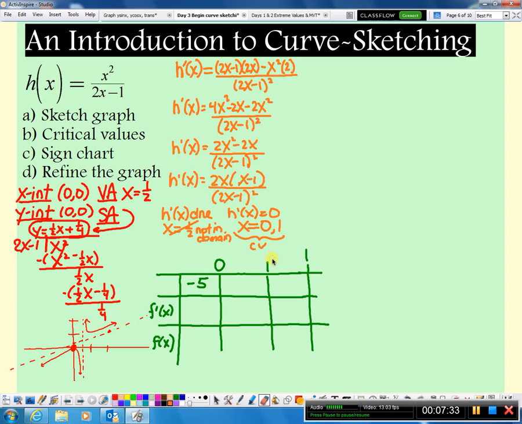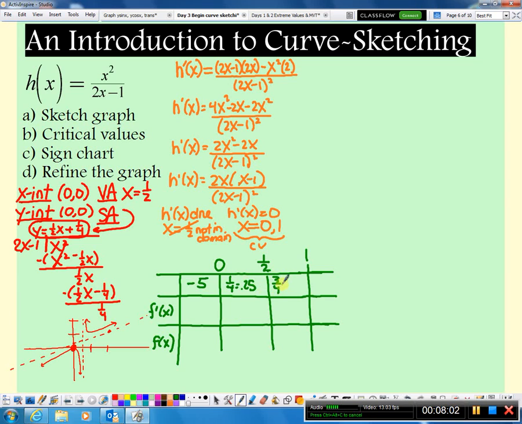But I know that 1/2 is not a critical value, but it does have some influence on whether the graph is positive or negative. So I think I'm going to keep it on my sign chart, even though it's technically not a critical value, and I'm going to use it to help me with the sign chart. That helps me figure out that it would probably be good for me to pick 1/4 or 0.25 here, 3/4 or 0.75 here, and then I'll pick 10 there and keep it simple.